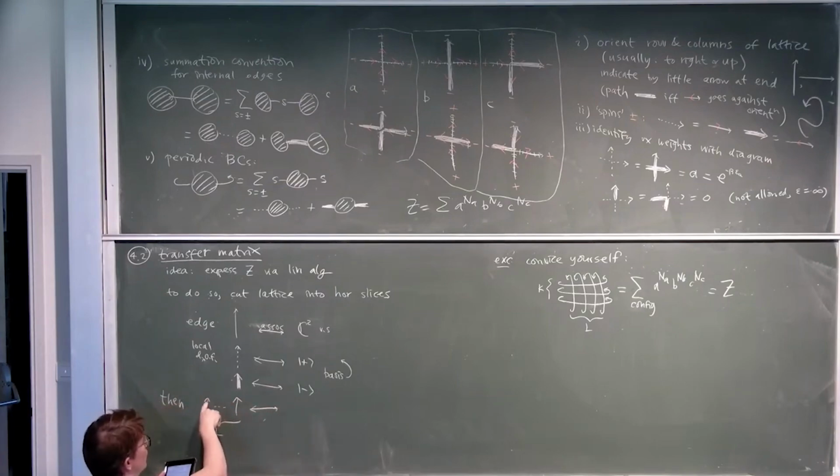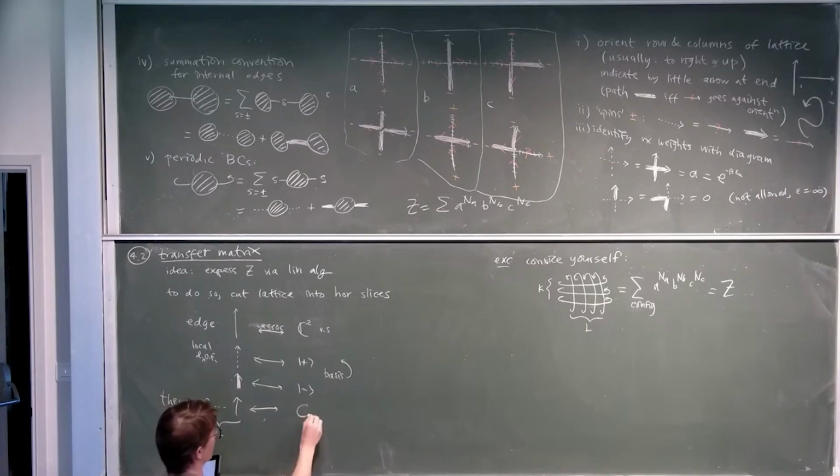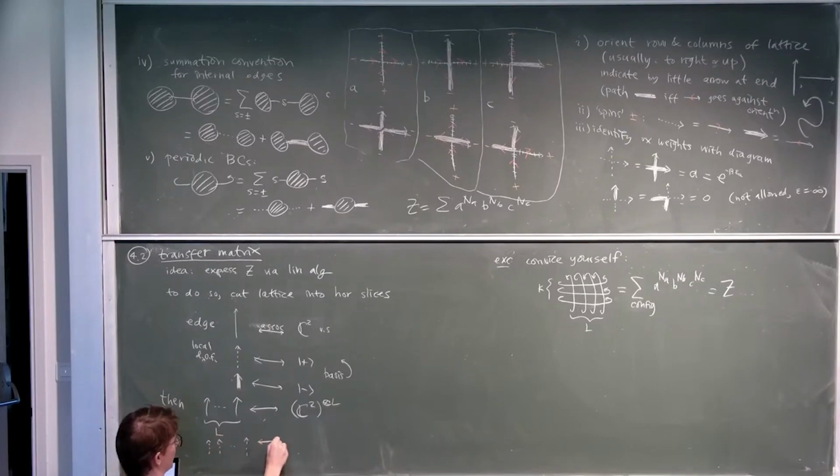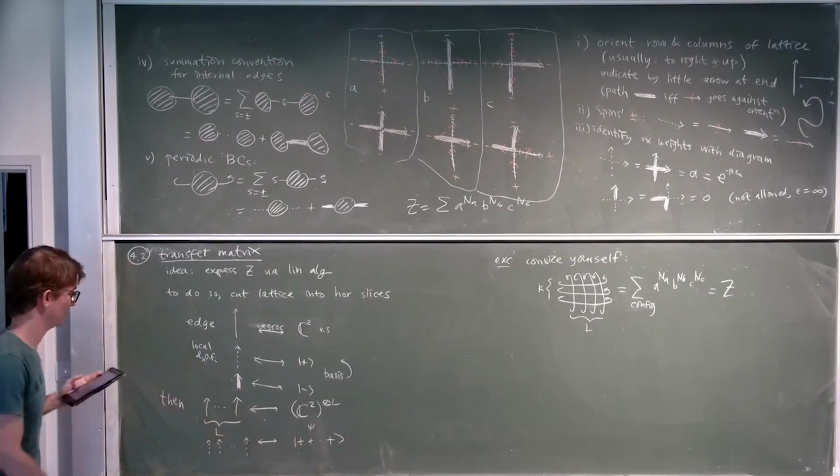You can have either dotted or thick lines for any of them. So I'm going to get a big vector space, which is the L-fold tensor product of C2. And for instance, if we have dotted lines going up everywhere, then this corresponds to the basis vector plus, plus, plus, etc.